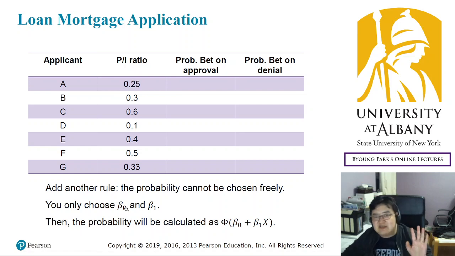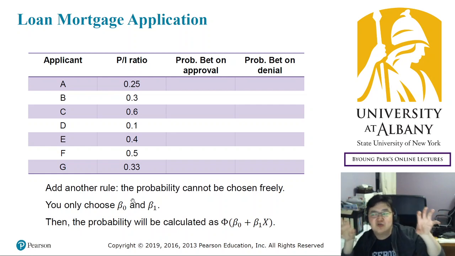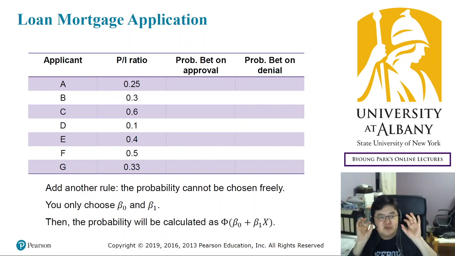So this is the only choice you have. You have choice over beta 0 and beta 1. So once you specify these two parameters, the probability will be calculated automatically by this formula, which is the probit model formula. If you use the logit model, the formula will be different, but the idea is the same.